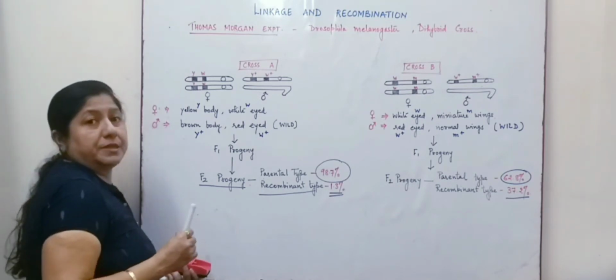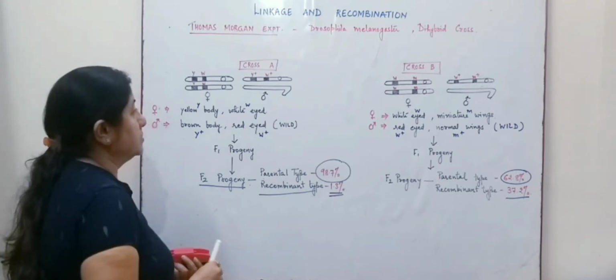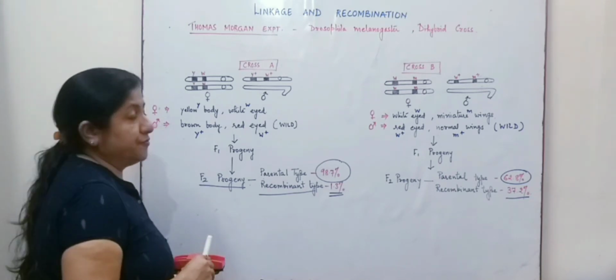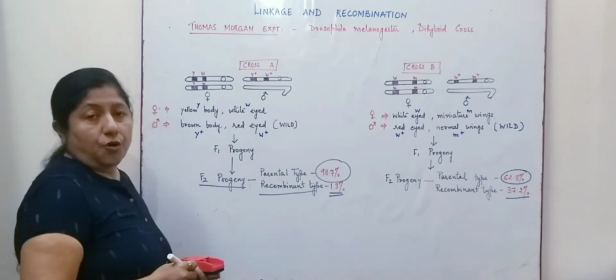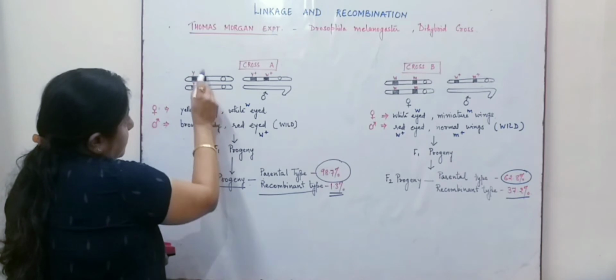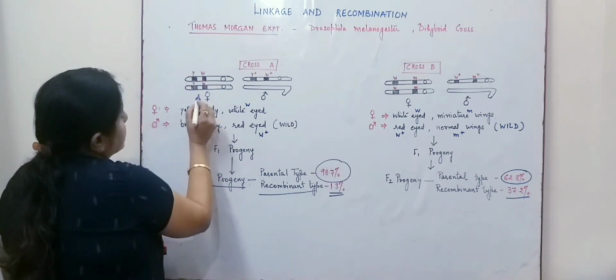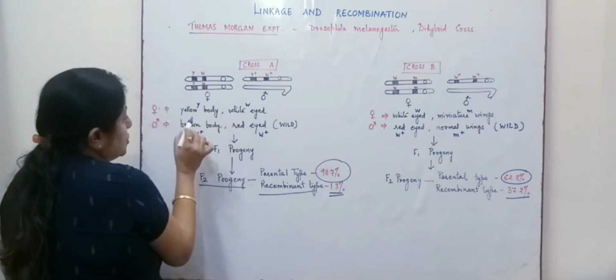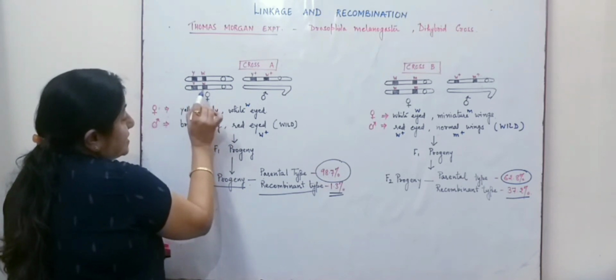Now, what can be the possible reason? With the help of the test cross, they were able to analyze the position of the genes. As you can see, a graphical representation is made over here. You can see the distance between the genes coding for yellow body and white-eyed trait.